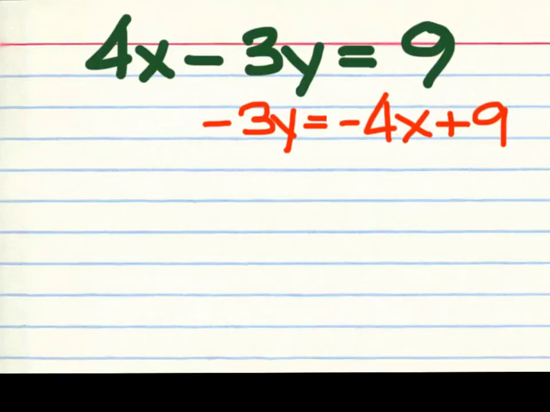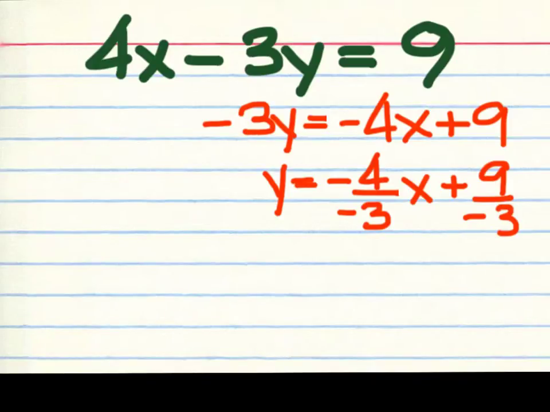Now what should I do next? Divide everything by negative 3. So when I divide everything by negative 3, I have negative 4 over negative 3, and then 9 over negative 3.